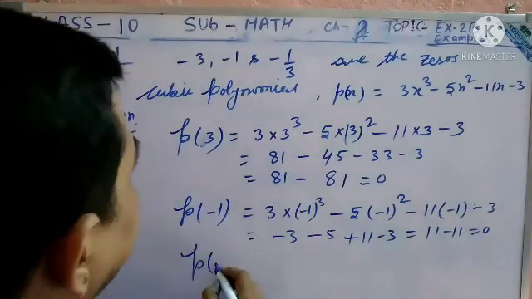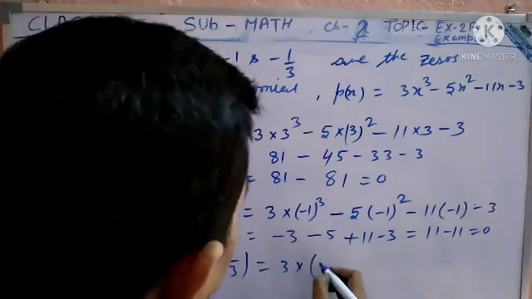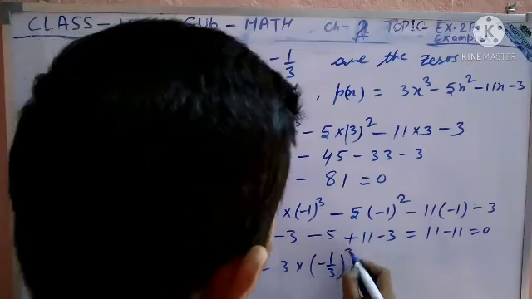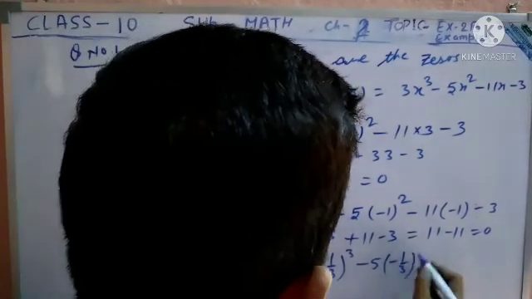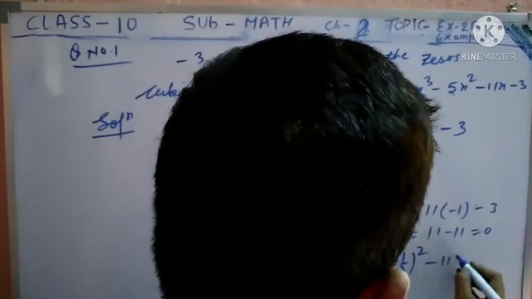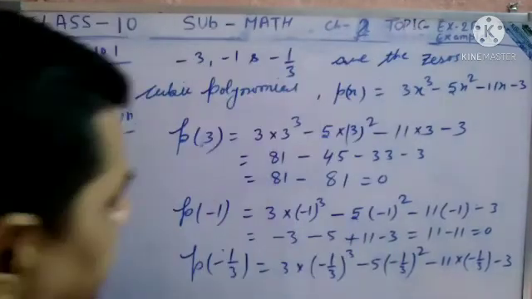Now take another, minus 1 by 3. So 3 into minus 1 by 3 to the power 3 minus 5 into minus 1 by 3 square minus 11 into minus 1 by 3 minus 3.